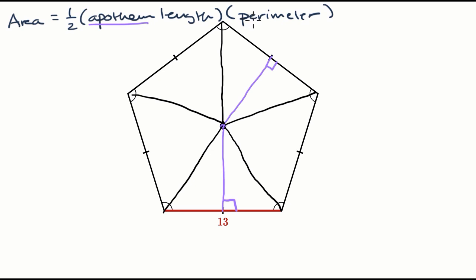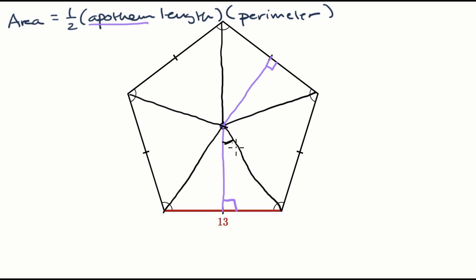But let's get into it and actually try to figure out the apothem length, because they don't give it to us here. They just give us the length of one side. And to figure that out, we're going to have to use a little bit of trigonometry. So the first thing to realize is if we were to go all the way around, that would be 360 degrees. But if we just wanted to figure out this angle here, what would that be?